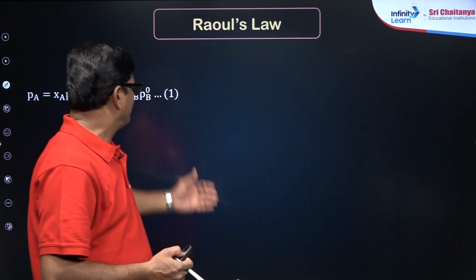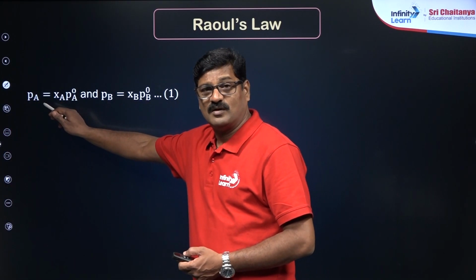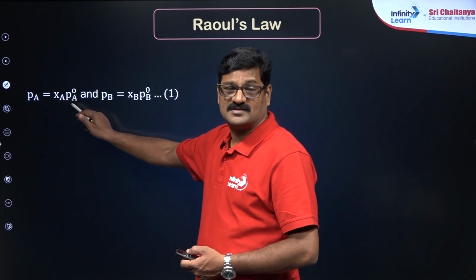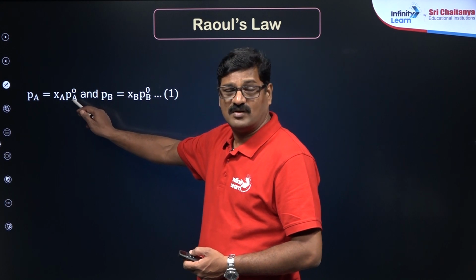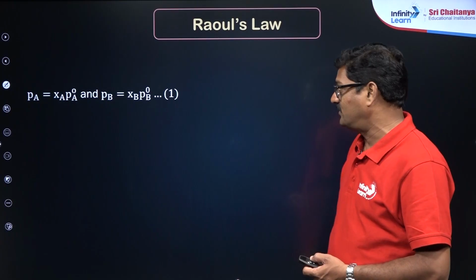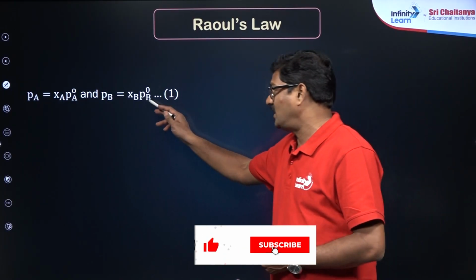That is what is said in Raoult's law. Here Pa is the partial pressure of A, with mole fraction of A and P naught A, the pressure of pure liquid A, and similarly Pb is equal to mole fraction of B times P naught B.